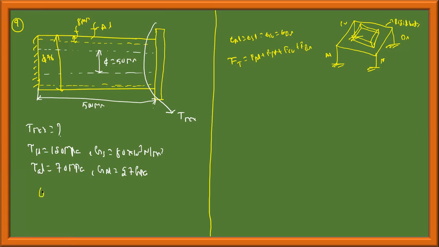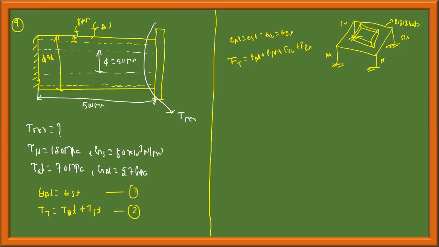We know that theta aluminum must be equal to theta steel: the angle of twist in steel must be equal to the angle of twist in aluminum. Total torque is equal to torque in aluminum plus torque in steel. This I call equation one, and that equation two.